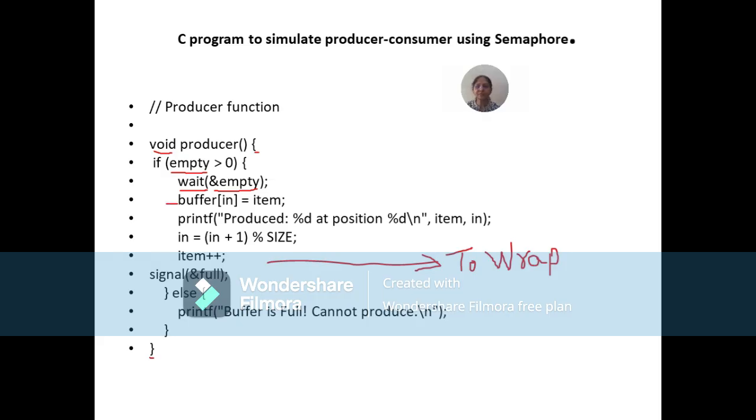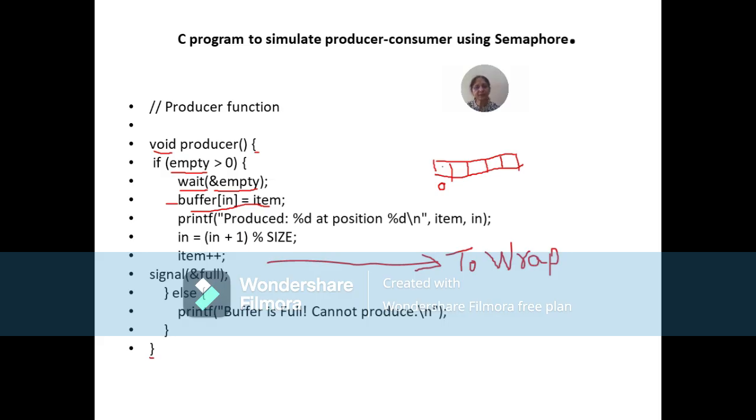The next line says buffer of in is equal to item. Now what is the buffer? Buffer is nothing but one array. In our program we have taken buffer as an array. Sorry for not giving the straight lines. 4 and 5. Okay. Now this is our buffer array, and we are saying buffer of in. What was the value of in? 0. So at position 0 or at subscript 0, what is buffer of 0?